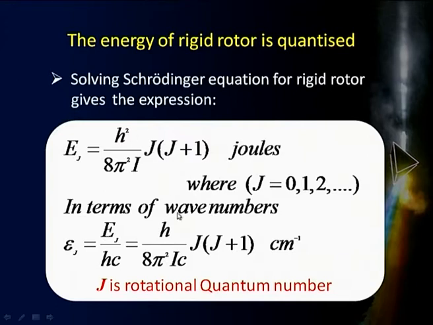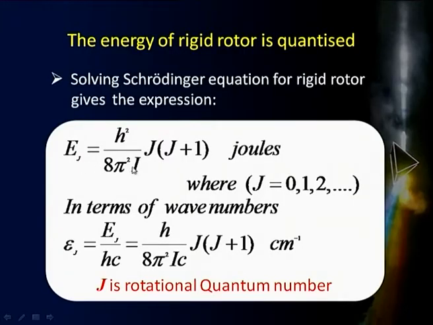So, operationally speaking, when we take a microwave spectrum, typically our x axis is in terms of wave numbers. Wave number is a unit which is used for the purpose. So, we will try to convert this expression. We can define small epsilon j, or small E j, to be equal to E j by h c, where E j is the energy in joules.